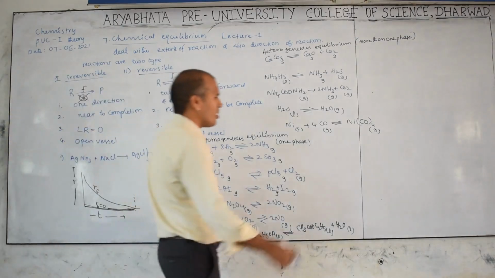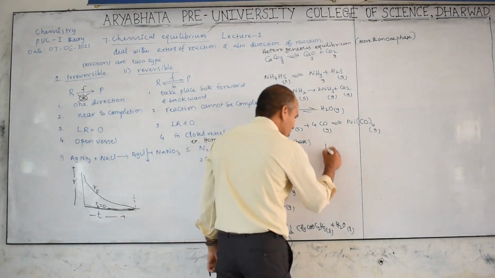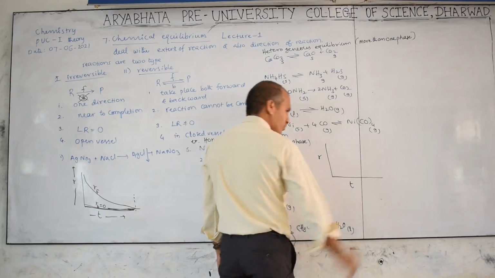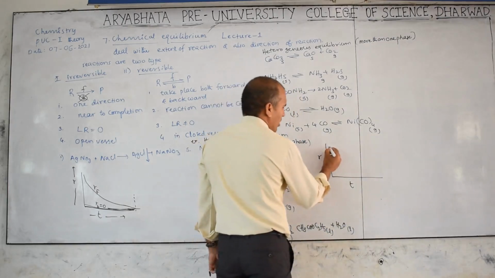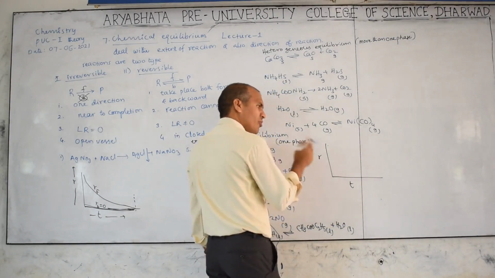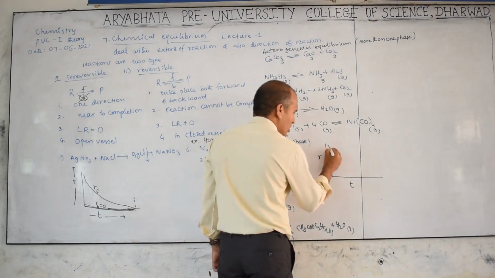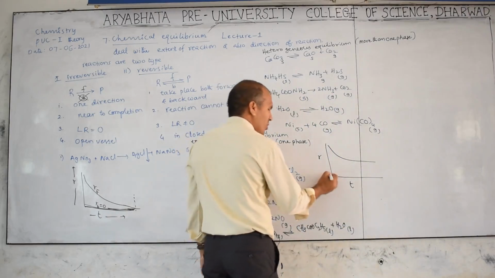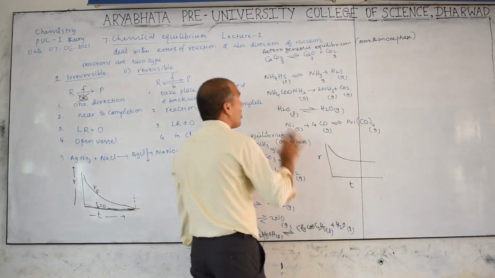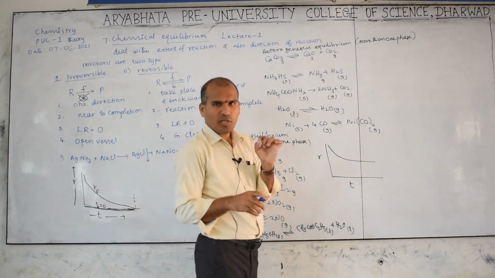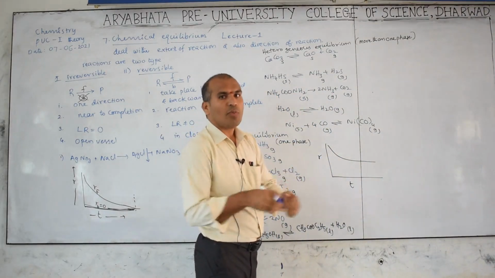Now if you come to the reversible reaction, this is the rate, this is the time. Initially the concentration of reactants is more, therefore the rate is also more, then it comes down like this. Initially products are zero; after some time reactant converts into product and product forms.